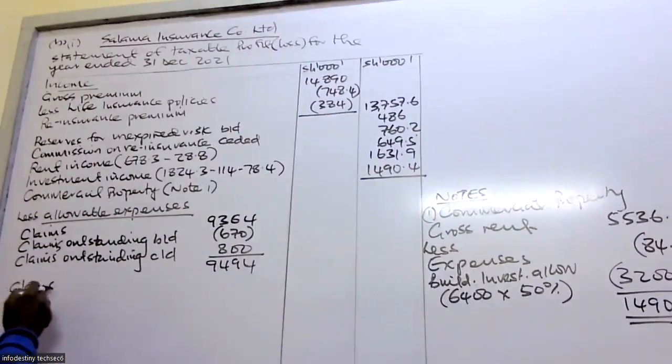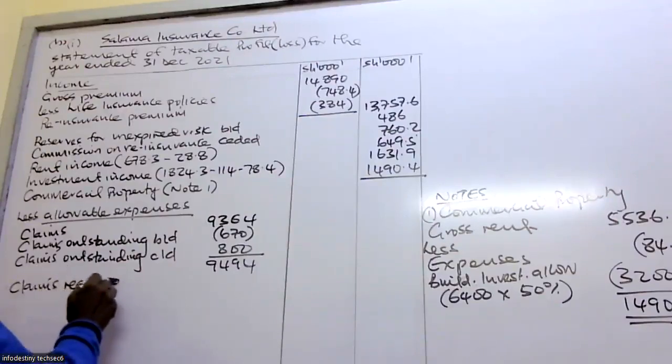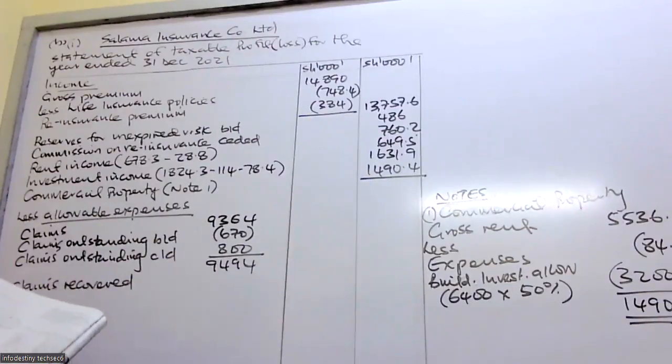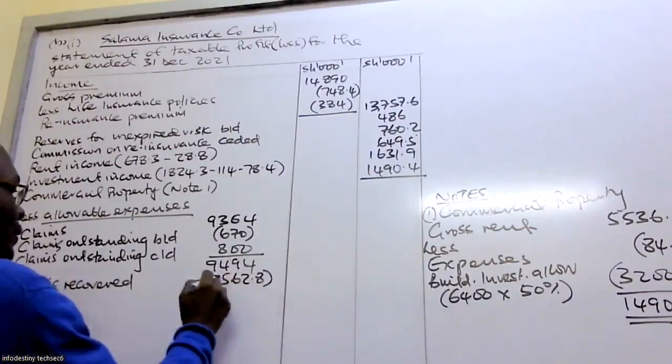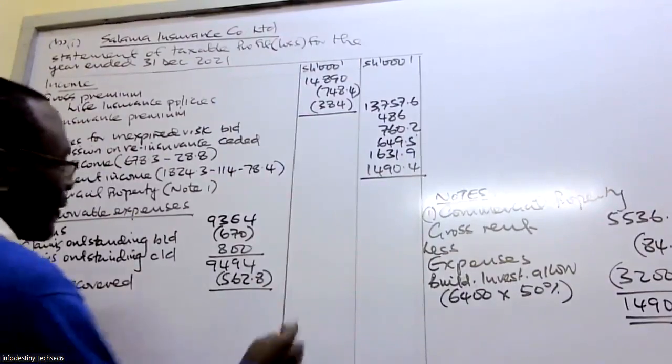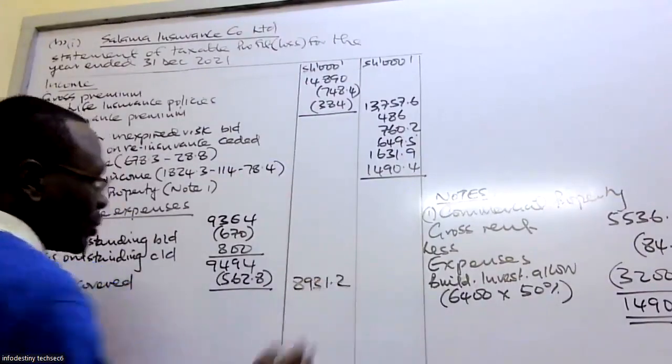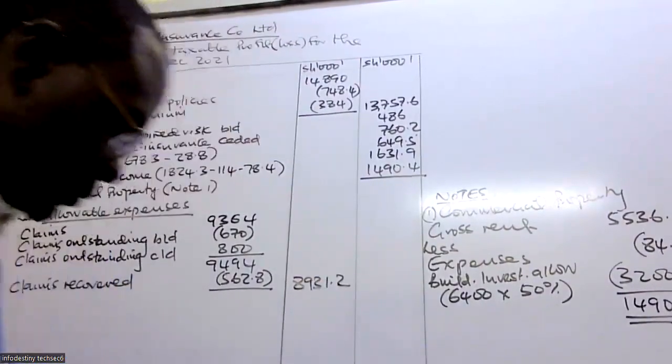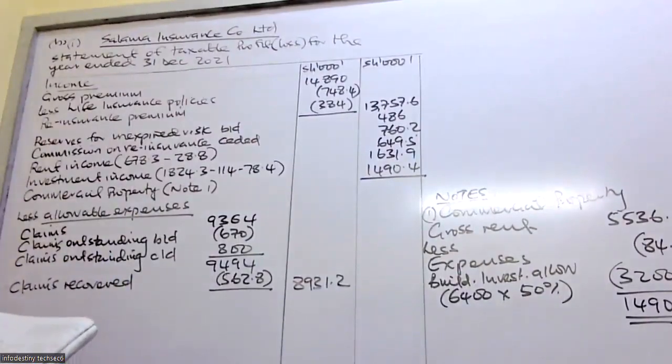So if we subtract that, our claims are how much? 89.31.2 would be our claims expense. Then we get the other expenses.